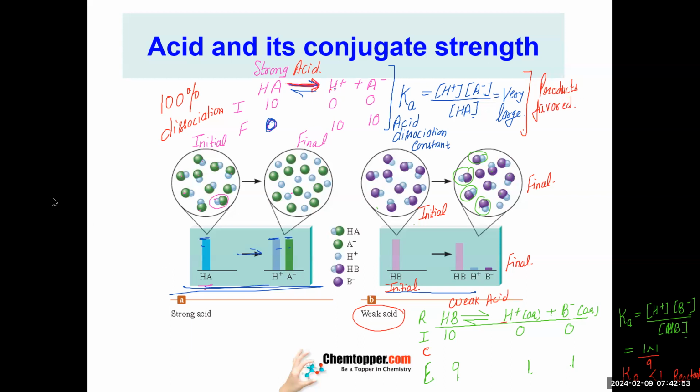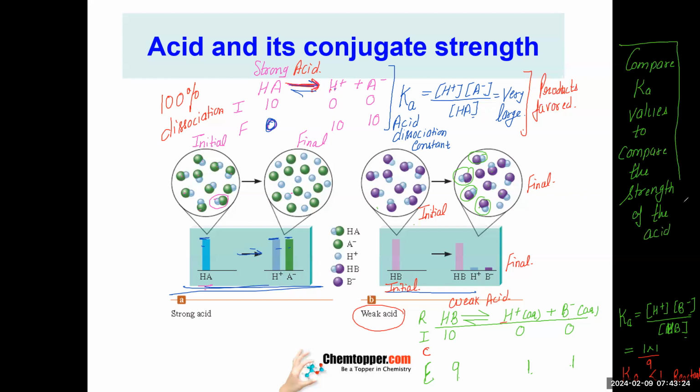So can I say that we can compare Ka values to compare the strength of the acid? Here I'm going to show you one question based on it. Are you clear about this line?